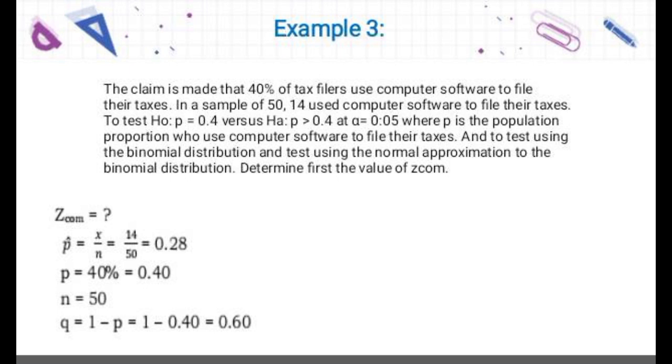Our Q is equivalent to 1 minus P. Our P is 0.40. Now we're just going to substitute it. 1 minus 0.40 is equal to 0.60. Now we find out the equivalent of each. Now we move forward to our computation.